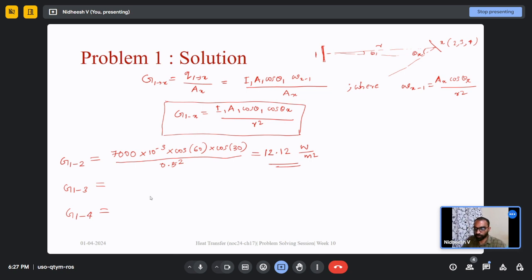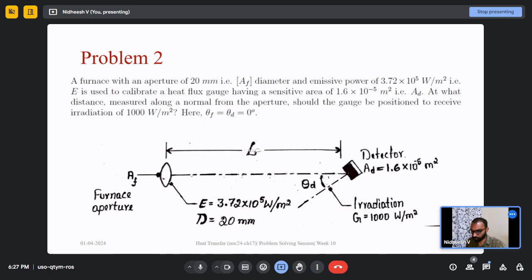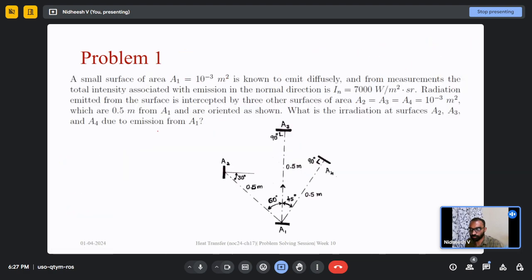Okay, I'll write this theta only for the G14 case and then we will proceed. For G14, theta 1, we said that it is 45 degrees.